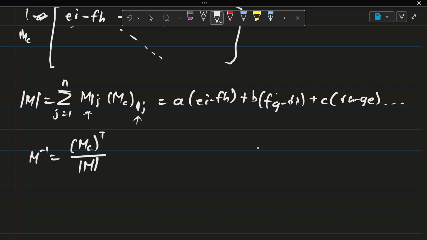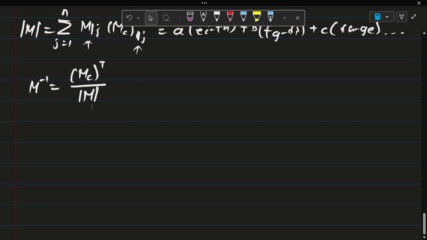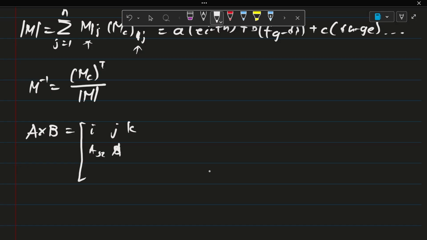Something that you should also notice is that it looks as if we are doing a cross product, which we actually are. If we take A cross B, what we observe is something like i, j, k, then ax, ay, az, and bx, by, bz.